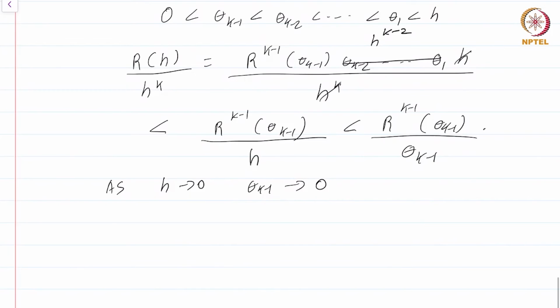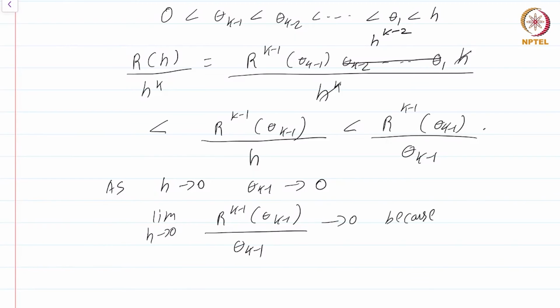That means the limit as h goes to 0 of R^(k-1) of theta_(k-1) by theta_(k-1) converges to 0, because this is just R^k at 0.